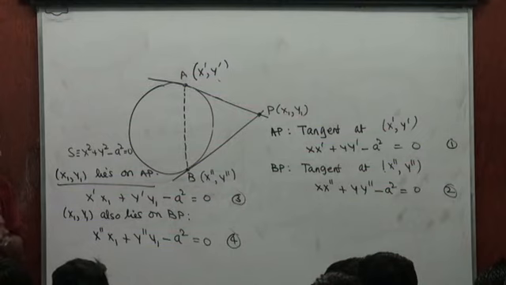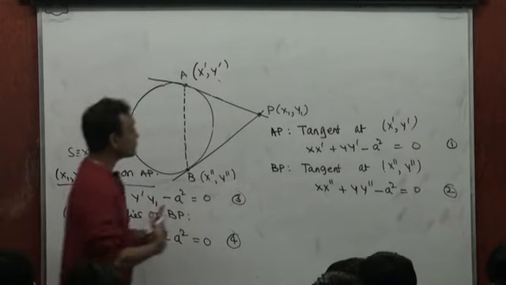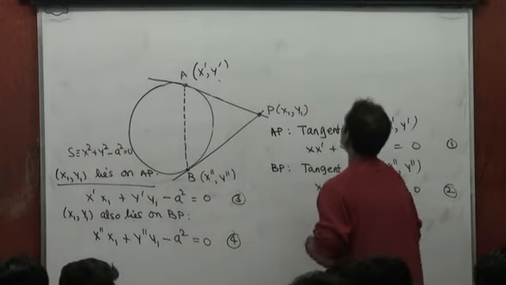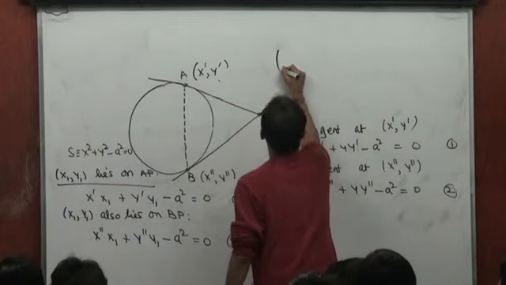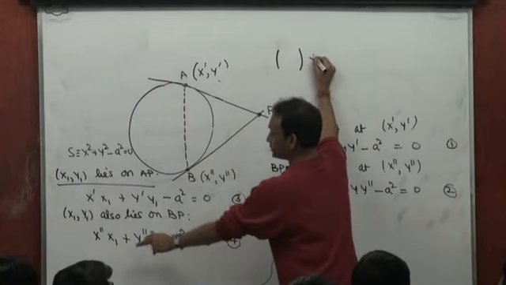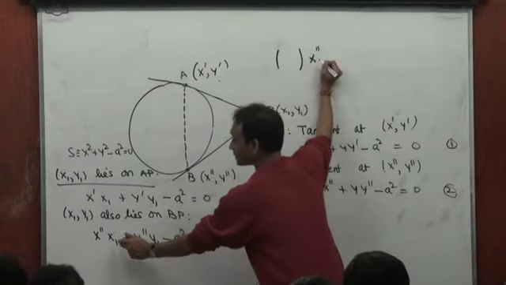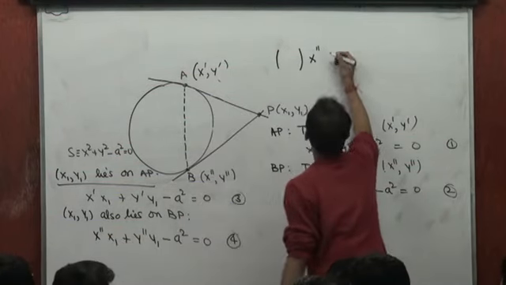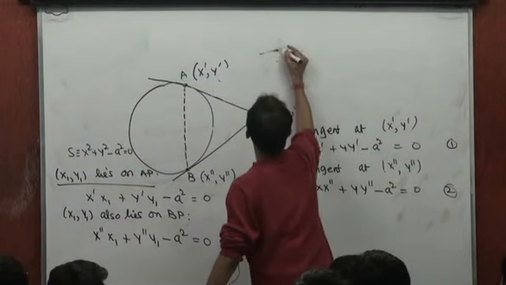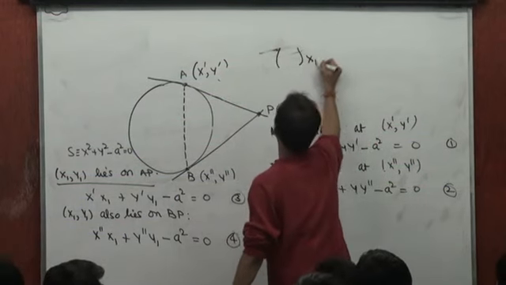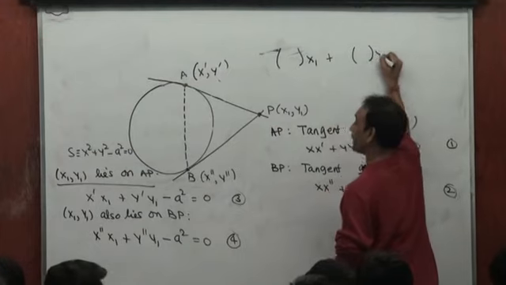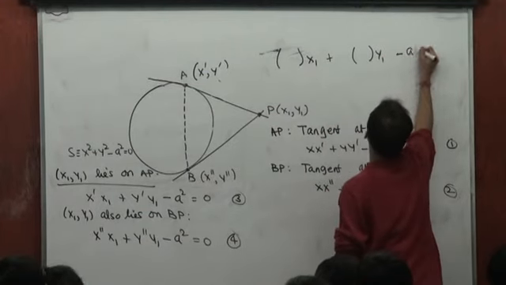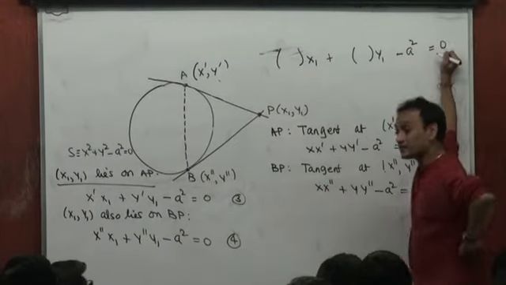Look, both equations 3 and 4 are like this: something into x1 plus something into y1 minus a squared equal to 0. Both are of this format.